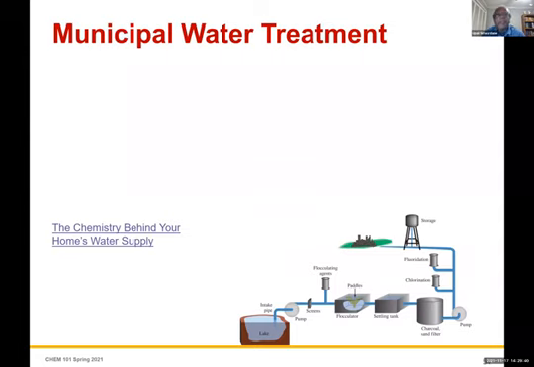Now we're going to look into how we treat our water in municipal water treatment plants. What we do is we put the wastewater into a lake and let it settle down. We also use filtration and add certain chemicals to remove particles from the water.